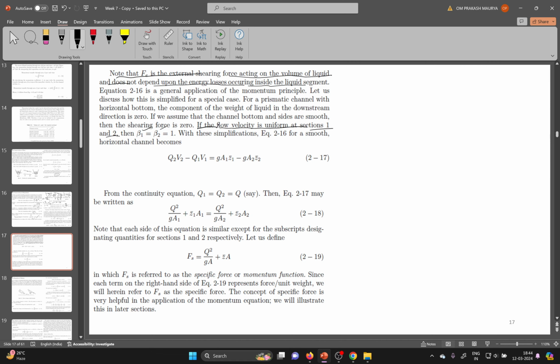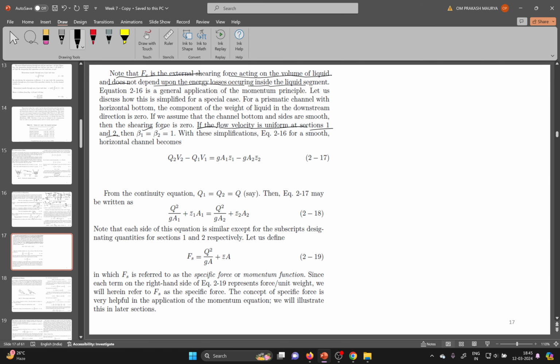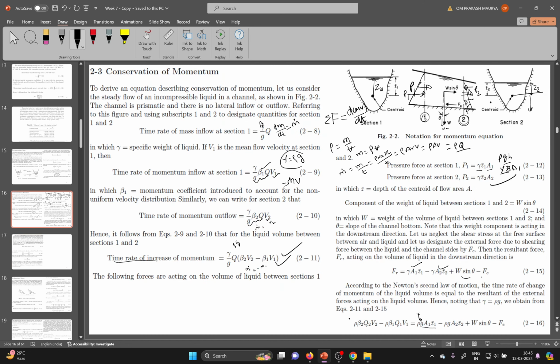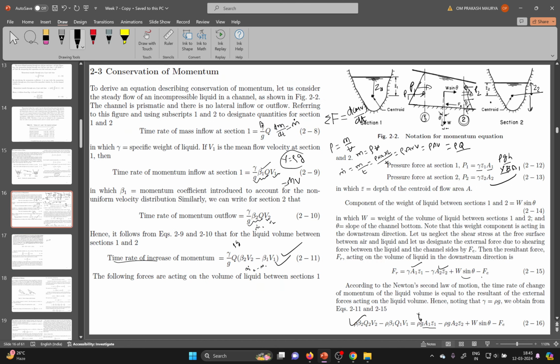Now, equation 16 is the general application of the momentum principle. Let us take a simplified case: we assume a prismatic channel with a horizontal bottom, that is theta equal to 0, so the sin theta term will be 0.